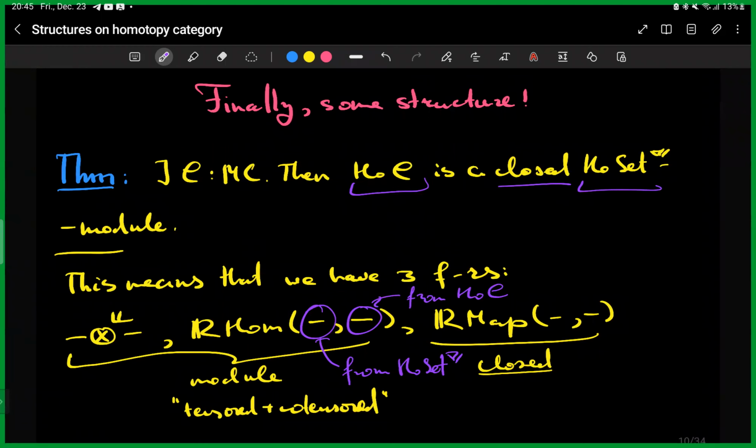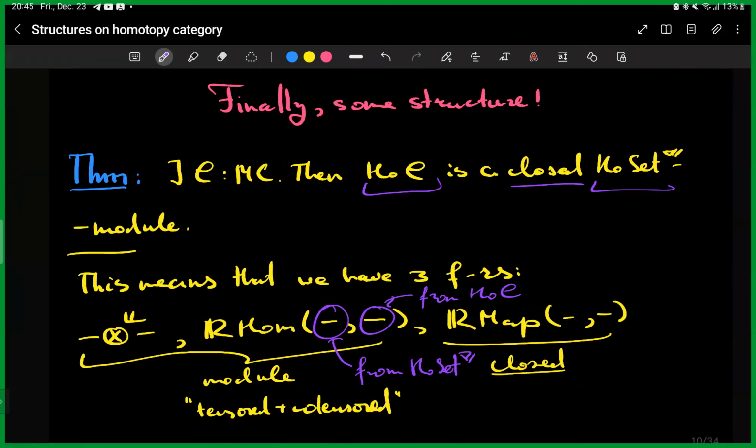Sorry, could you repeat? What does it mean, map L and map R? Oh, okay.